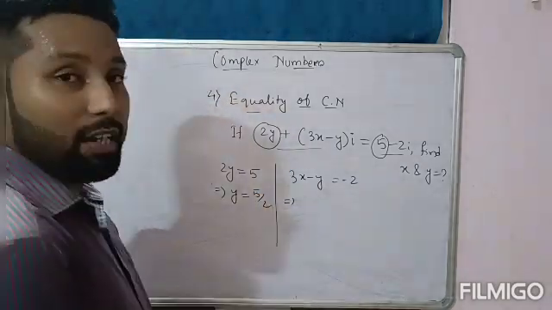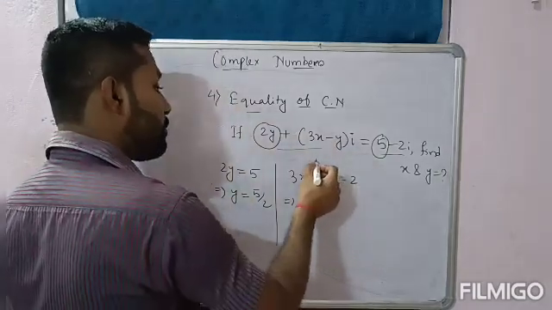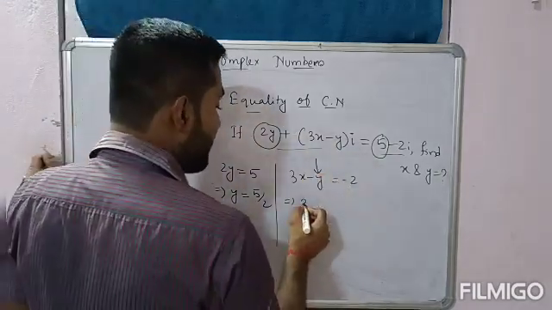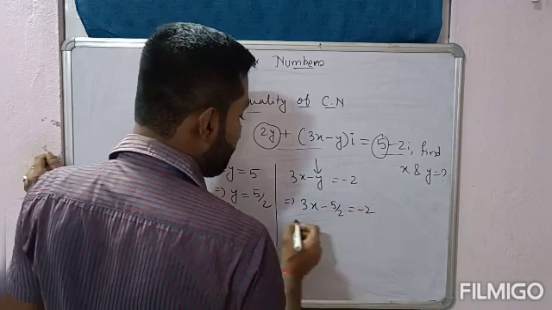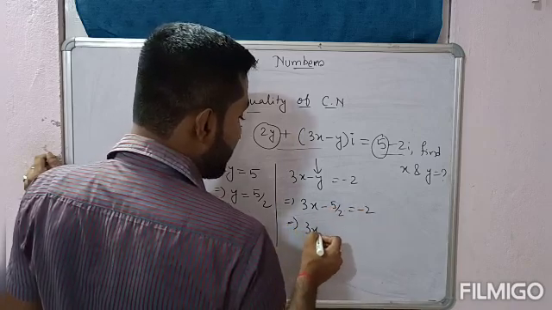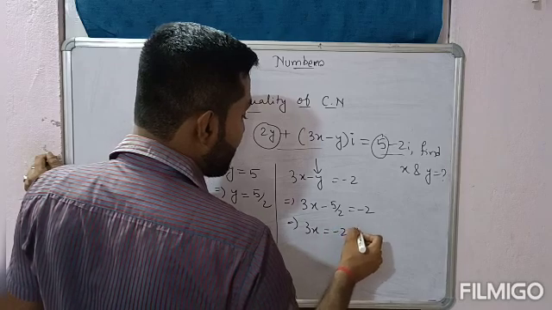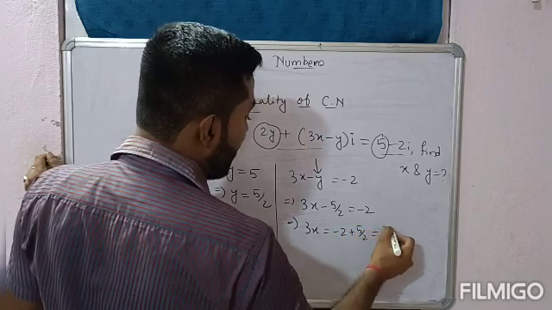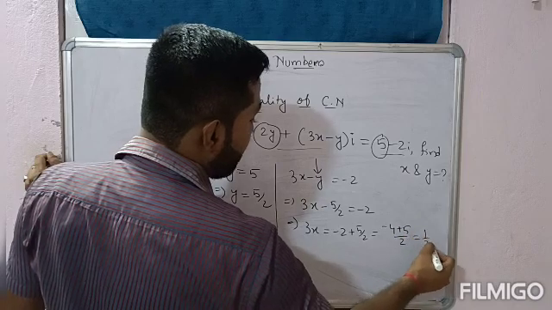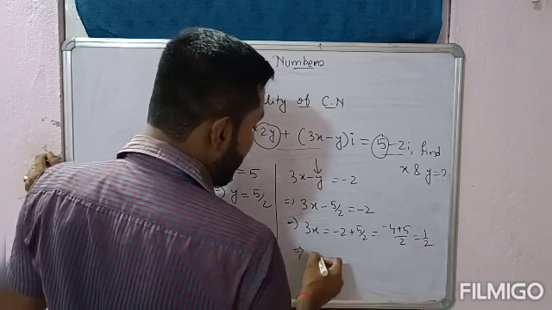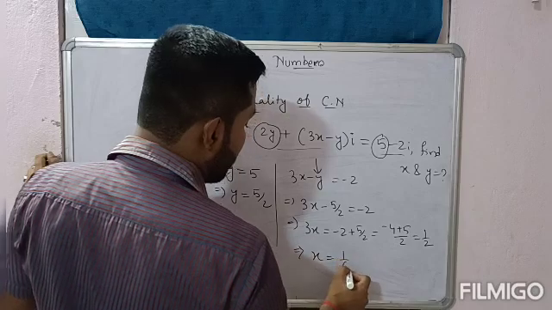Now how will the value of x come from here? First you put the value of y here. So 3x minus 5/2 is equal to minus 2. That is 3x is equal to minus 2 plus 5/2. 2 2s are 4, minus 4 plus 5/2, which is equal to 1/2. Therefore, x is equal to 1/6.